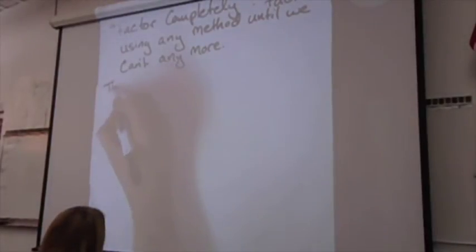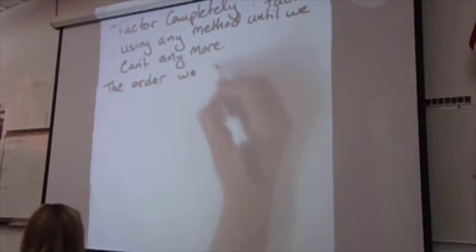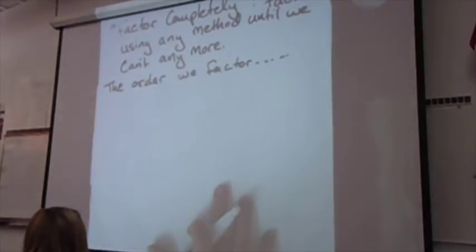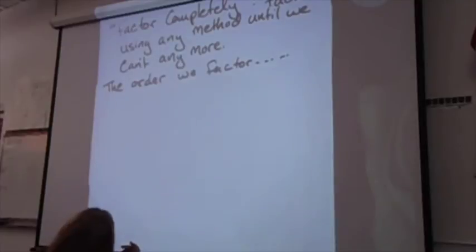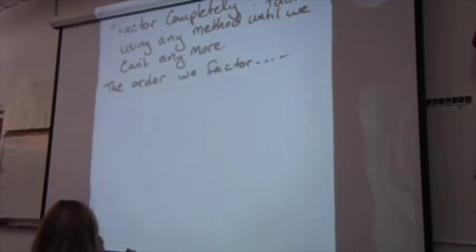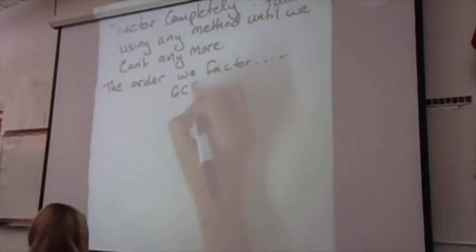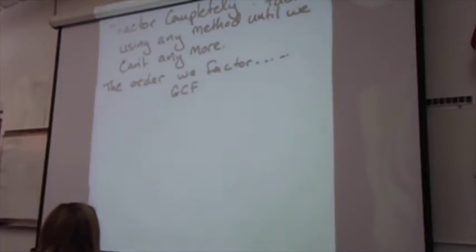So the order that we factor. The very first one that you should be looking for is what? GCF. GCF comes first. You might not have one, but you need to look for that first before you move on to everything else.